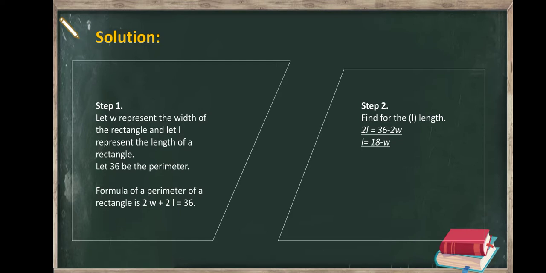Step 2 is to find the length, or L. In finding the length, 2L is equal to 36 minus 2W. Transposing, divide both sides by 2, that will give us length equals 18 minus W.